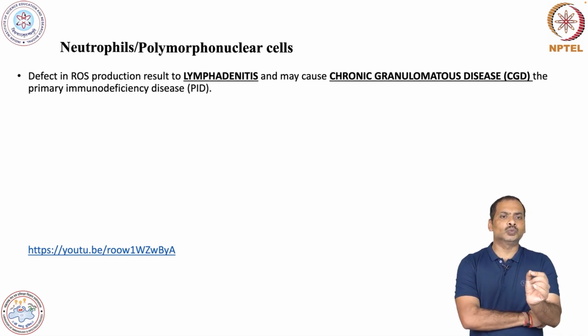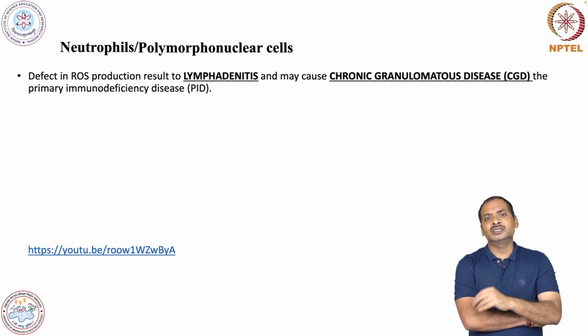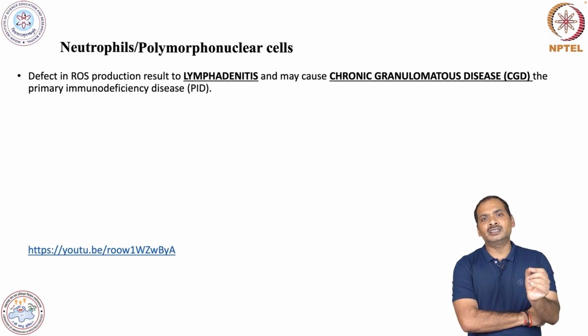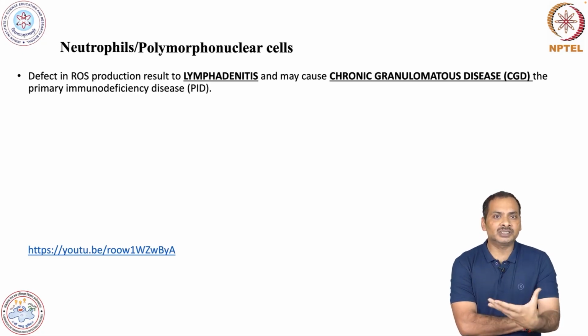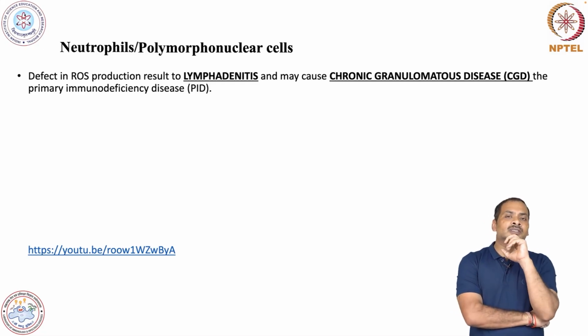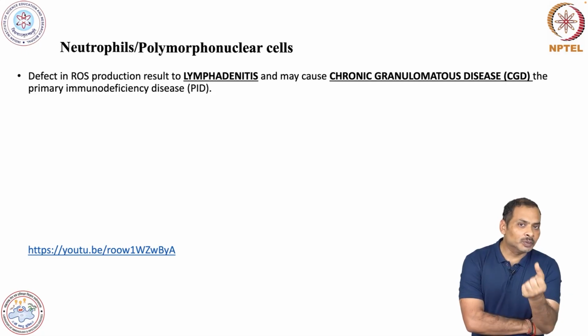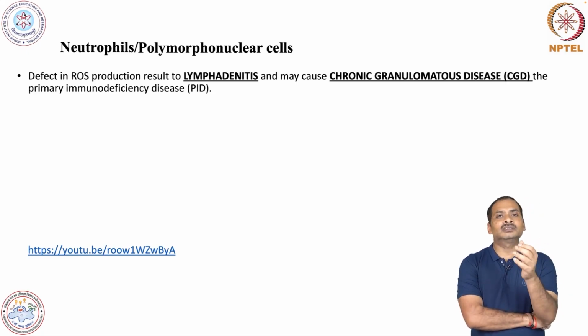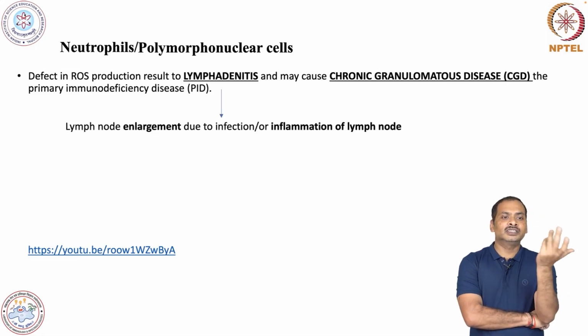Wherever you see the suffix itis, like pancreatitis, okay, gastritis, it means inflammation of that particular organ. Okay. So, this causes inflammation of the lymph node, and that results in the accumulation of microbial pathogen, and that will cause a variety of severe problems.